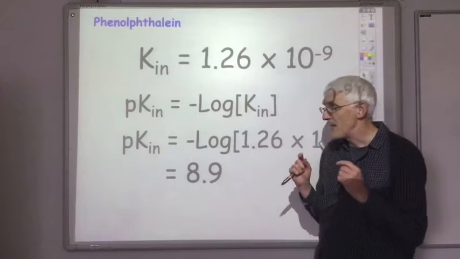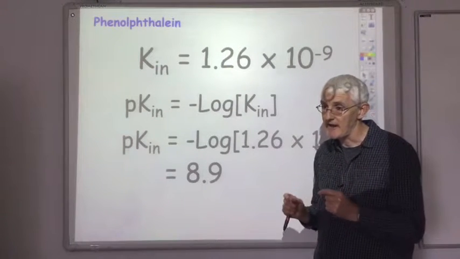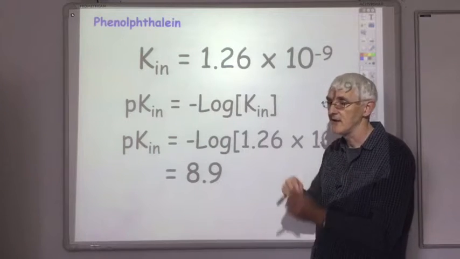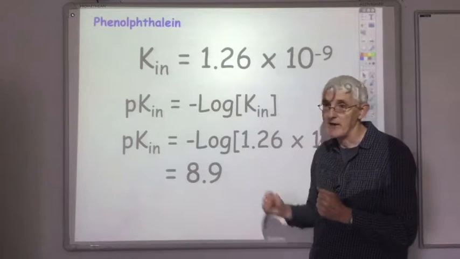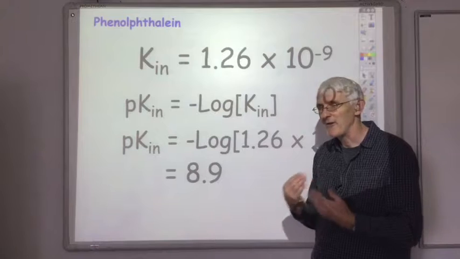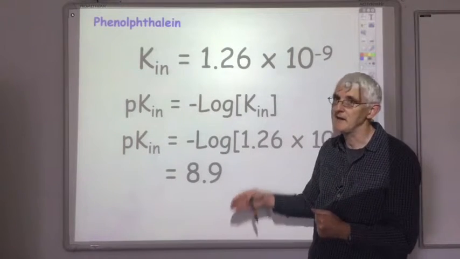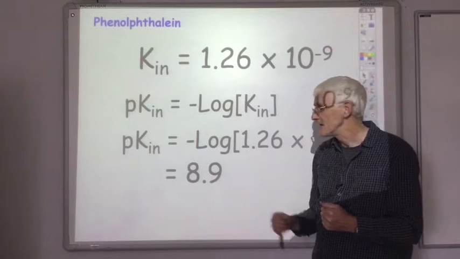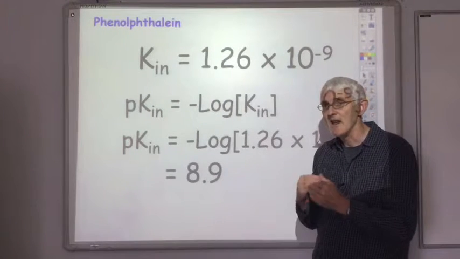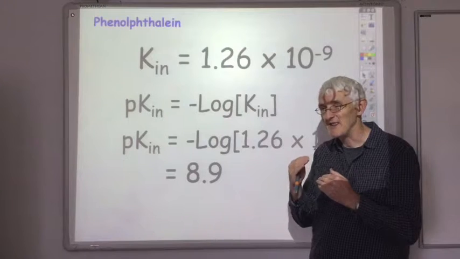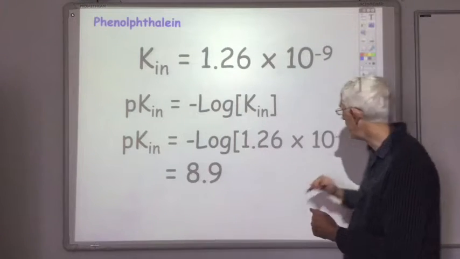So the pH at which the phenolphthalein changes from being colourless to pink is 8.9. But in order for us to pick it up with our eyes, we really want to see the pH change from 7.9 to 9.9. So 7.9 to 9.9 is the range over which we will be able to detect the colour change in the phenolphthalein.